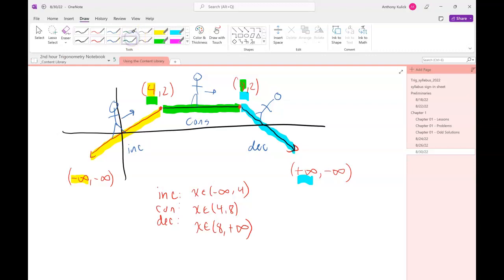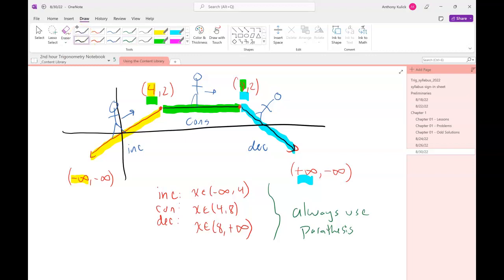Notice a couple of observations here. All of the endpoints on these intervals are parentheses. That'll be the case for all intervals of increasing, decreasing, and constant. They're always going to be parentheses rather than brackets. So that's nice, right?